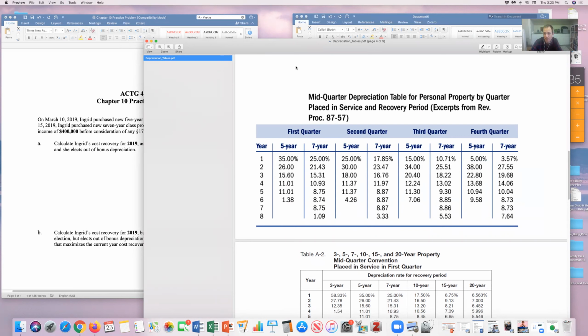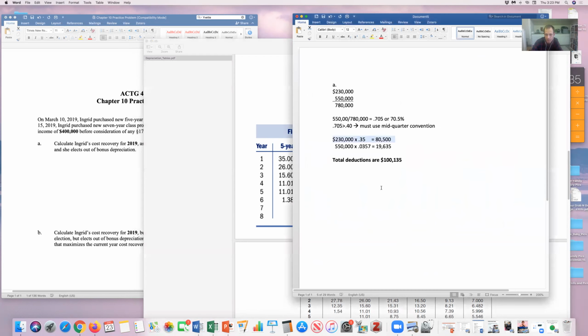She sold it in year 2. Since she sold it before the end, we have to apply the convention ourselves. So if she sold it in year 2, the rate is 26%. This is just me spitballing here.